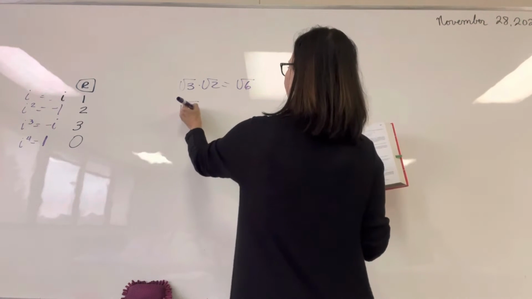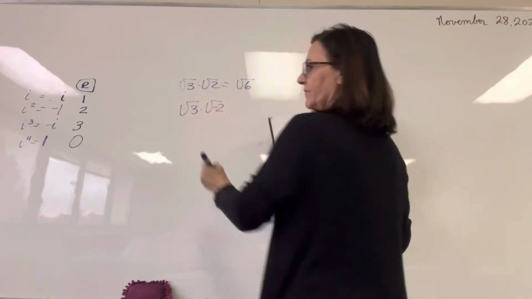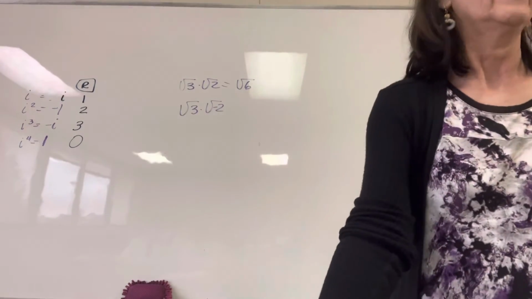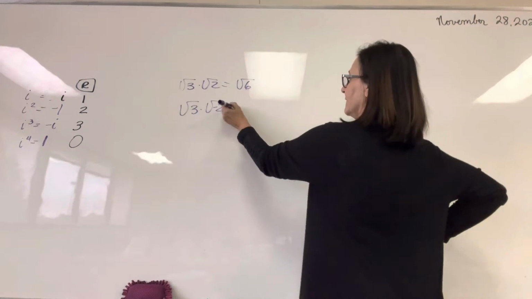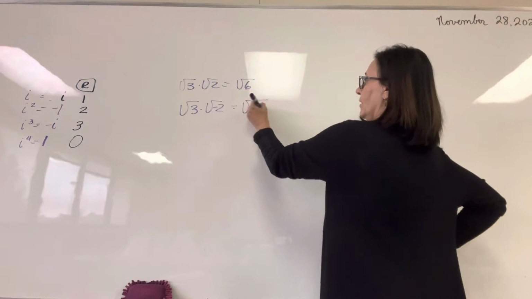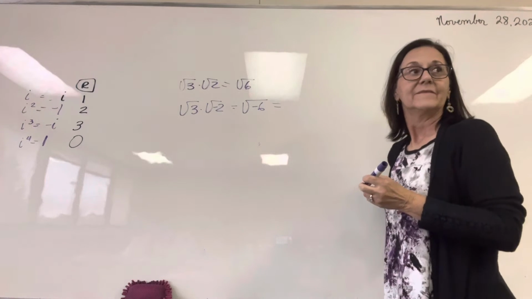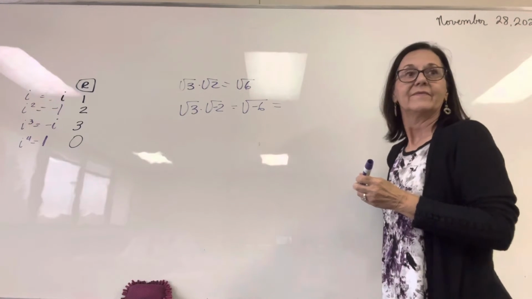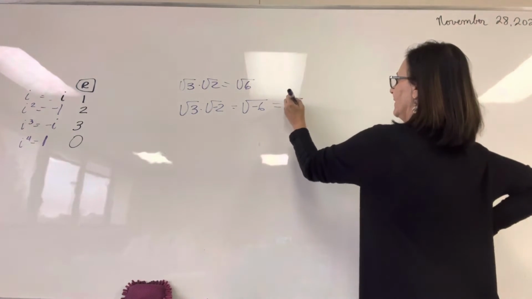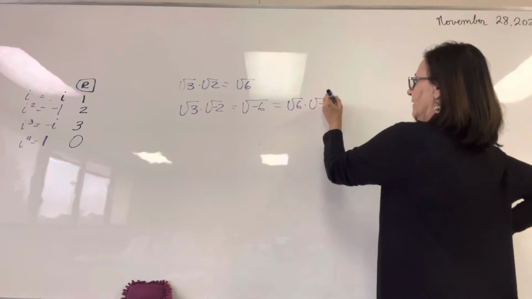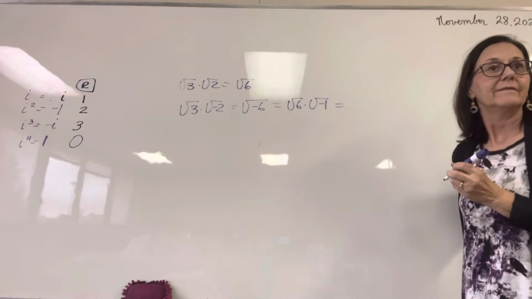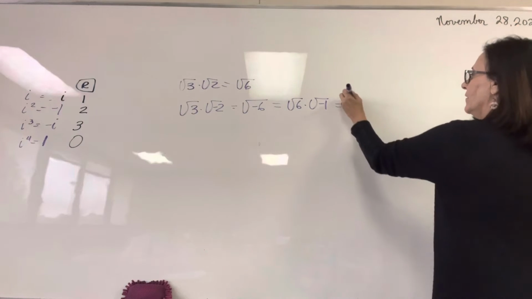What is the square root of 3 times the square root of negative 2? Square root of negative 6, which is square root of 6 times square root of negative 1, which is square root of 6 i.